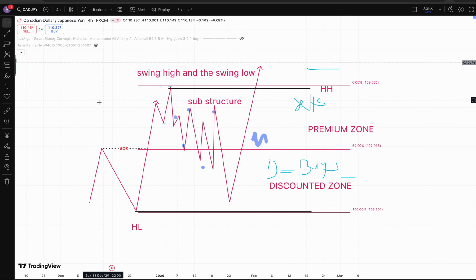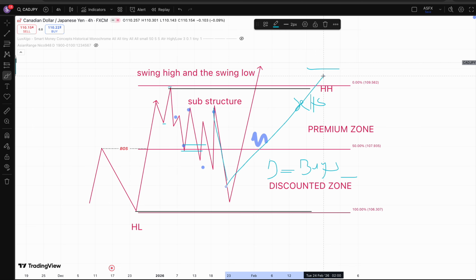The market is going to engineer liquidity when price is still at equilibrium. 50% is equilibrium, and price will take out impatient traders before tapping into the discounted zone and buying off.